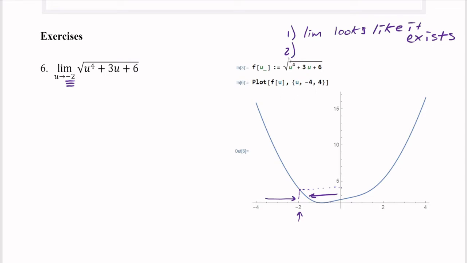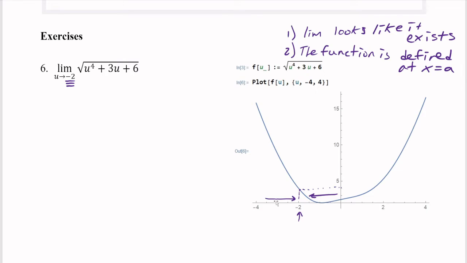Okay. And number two, it looks like the function is defined there, which we don't need. Remember, we don't need that for the limit to exist or to find it. But if the function is defined there, that can help us figure out the limit.